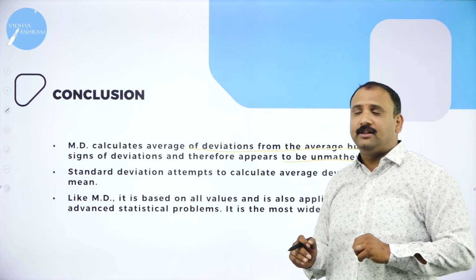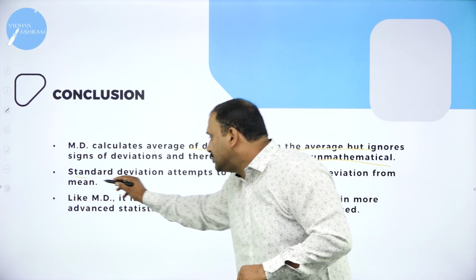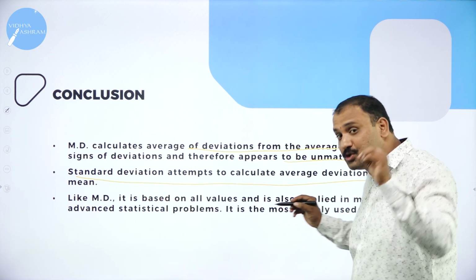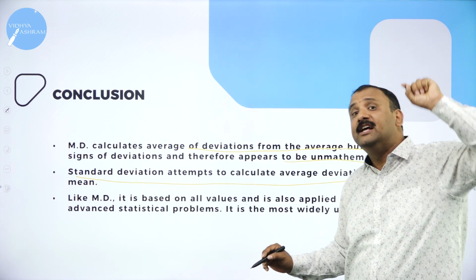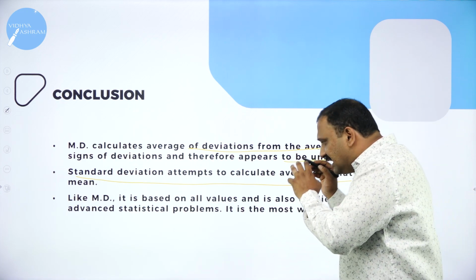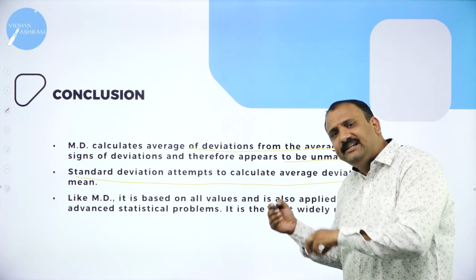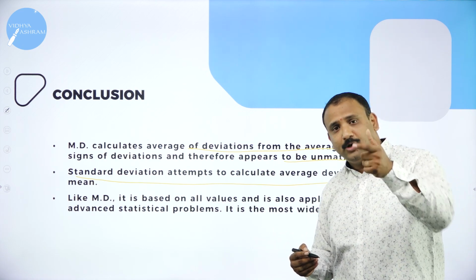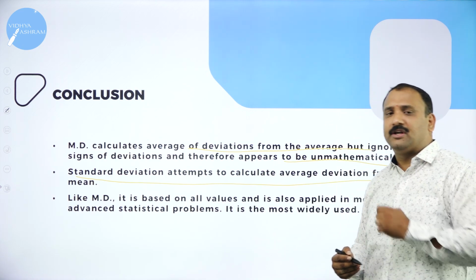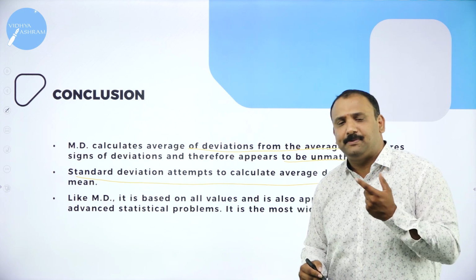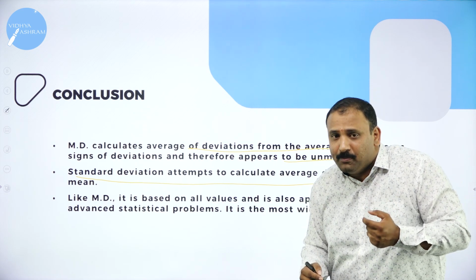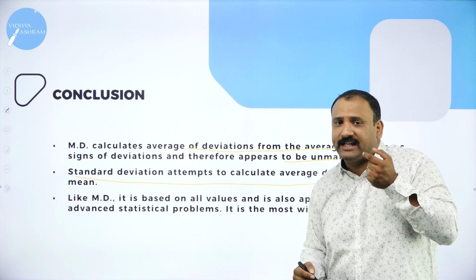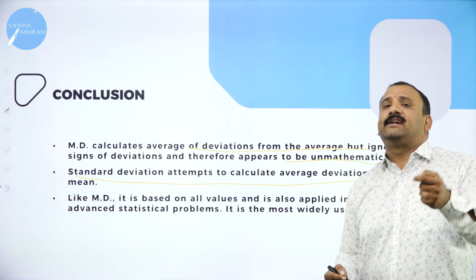In order to solve that problem, we move into standard deviation, which attempts to calculate. I am again using the word attempts, because like the mean deviation, standard deviation tries to come as close as possible. When we talk about statistics, we are not 100% accurate, but we try to make progress, to take a step towards that 100%.